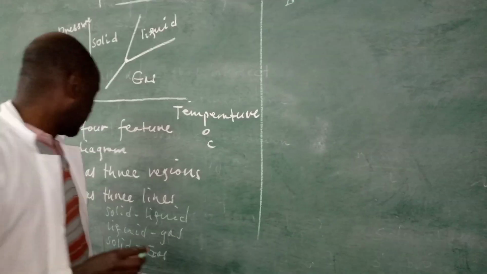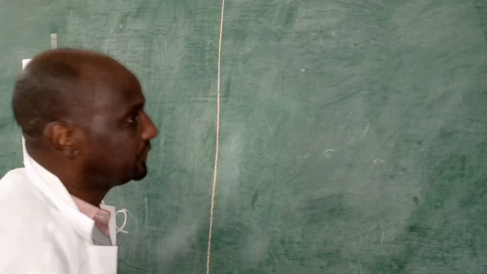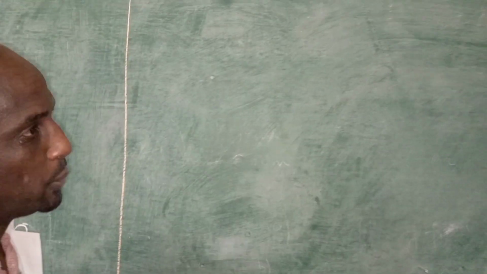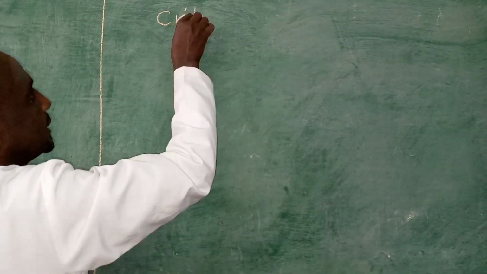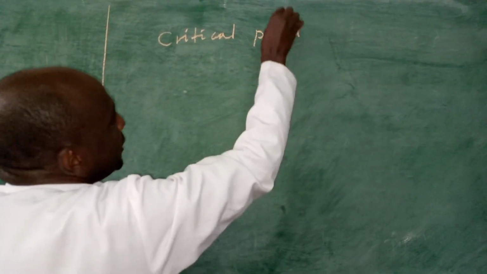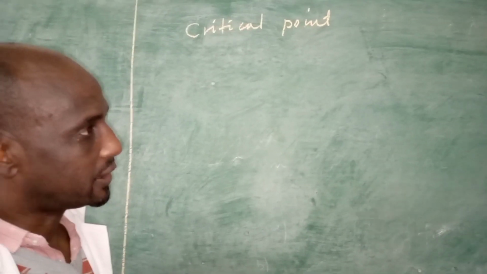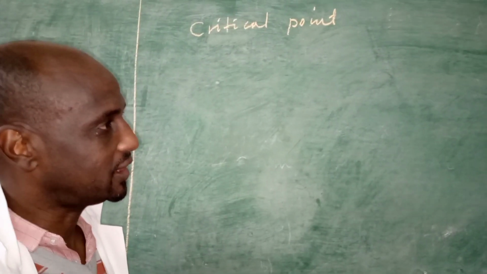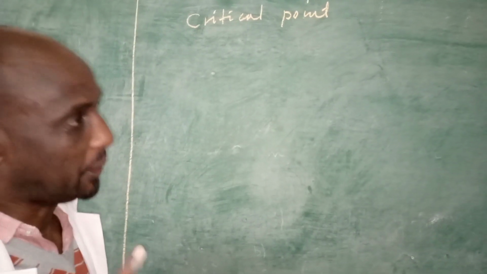In the case of the regions, I told you that the feature of the phase diagram is where we have two important points. The first point is the critical point. Critical point is the point where the substance exists in the form of gas and liquid.